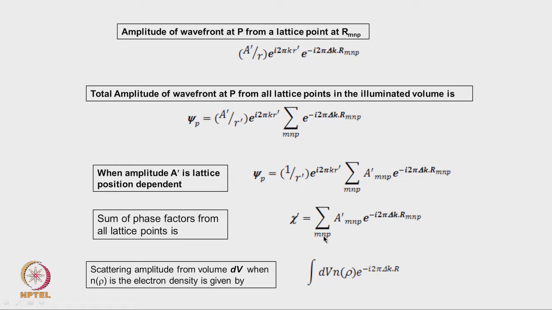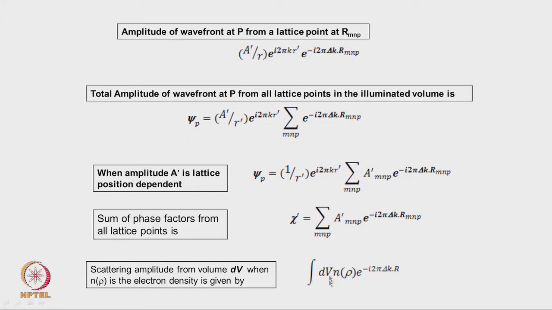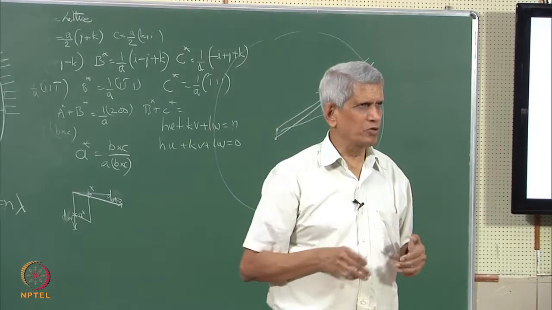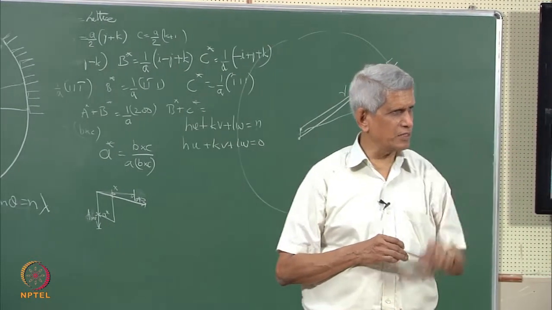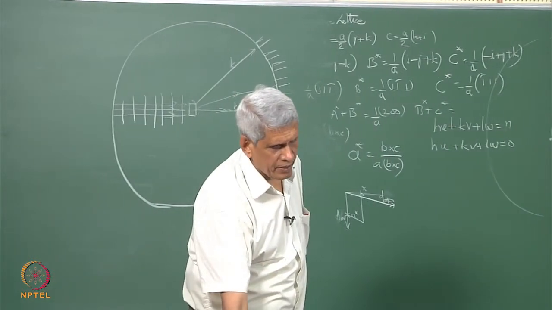And this can be written in an integral form also, right. If you write it as an integral, then this is over a particular volume. Here what we have done is take every atom position and add it, correct. Instead we can integrate over the full volume, instead of taking each lattice point. Then this will be integral dV.